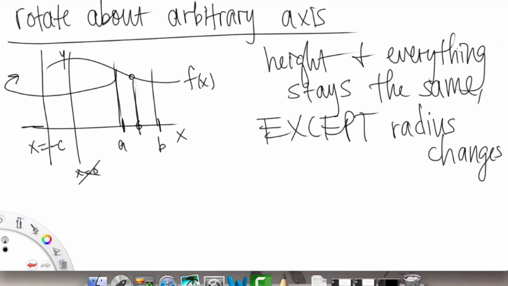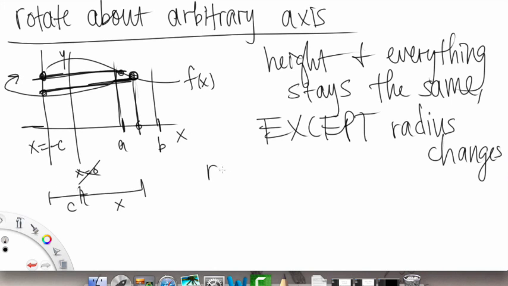So if we look, our shell is actually going to look more or less like this. Here is our axis of rotation, so our radius is going to be all the way to wherever we're at. For example, let's say we drew it here, and we went to this point that I already marked. So this is our radius, and it's composed of the x value, the x value here, and then our c as well, this length c.